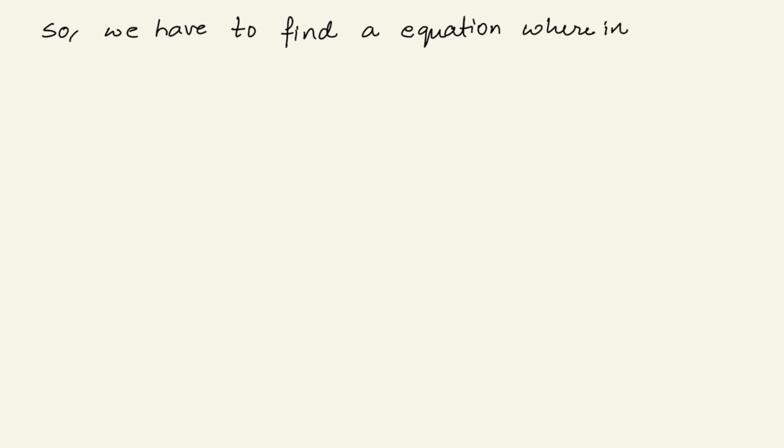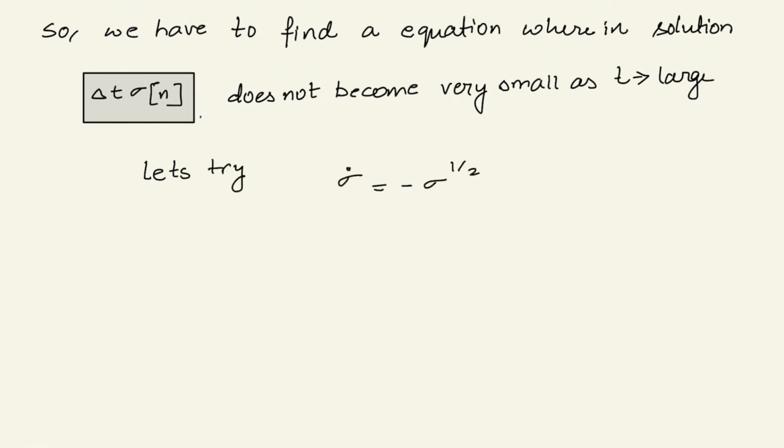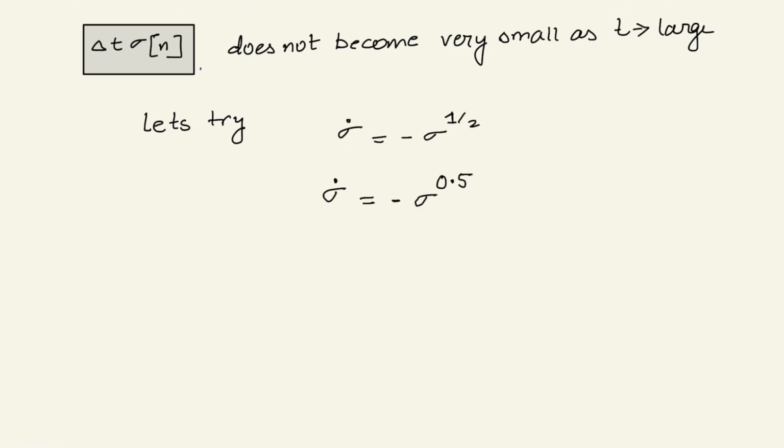Let us find the equation in which that subtracting factor doesn't become very small as sigma becomes small. Let us try sigma dot equal to minus sigma to the power half. So sigma dot equal to minus sigma to the power 0.5.